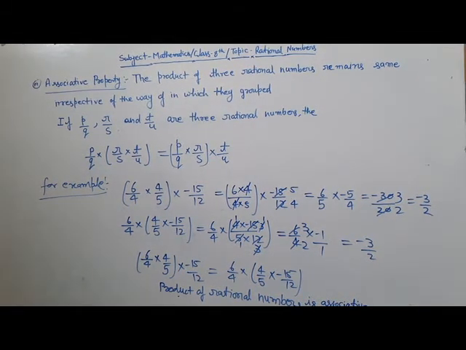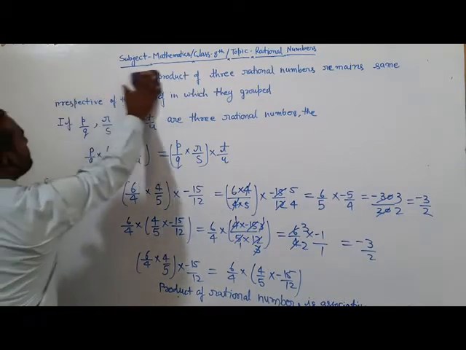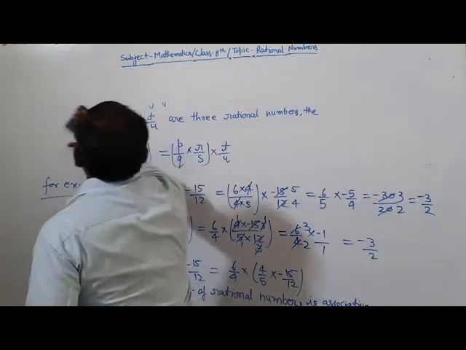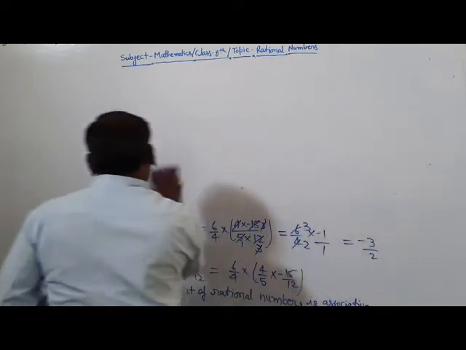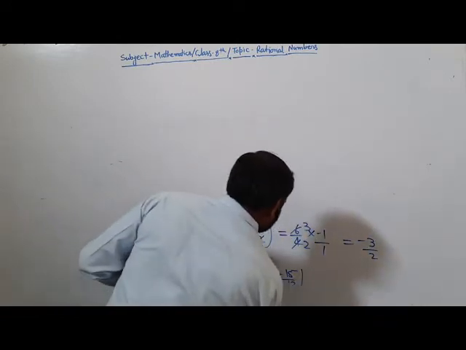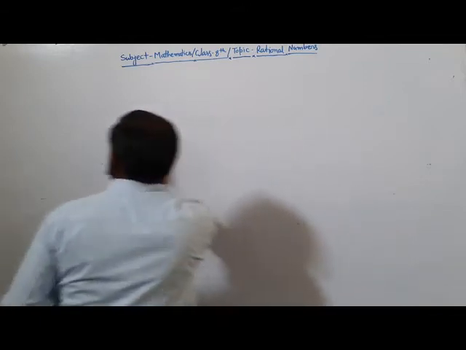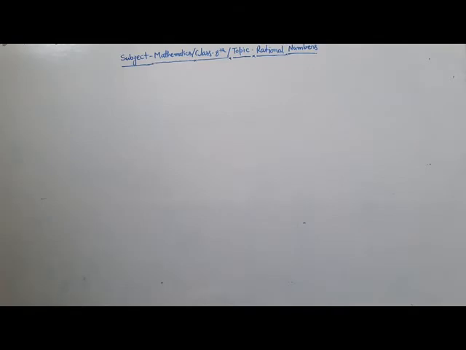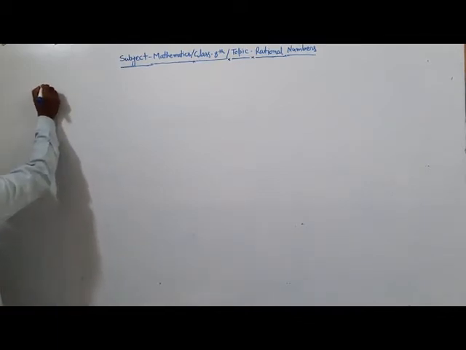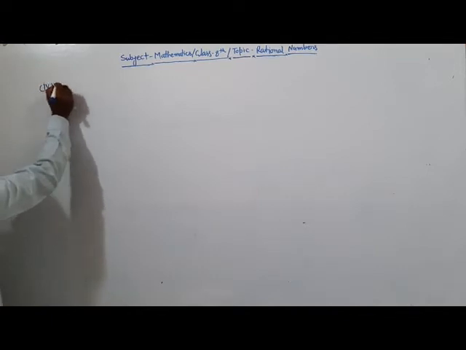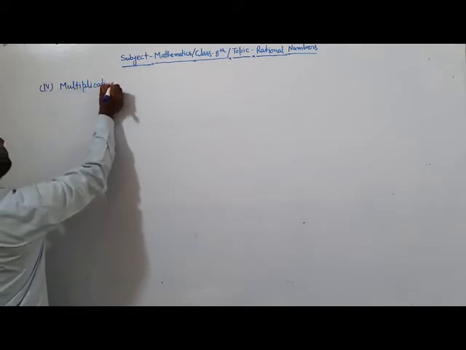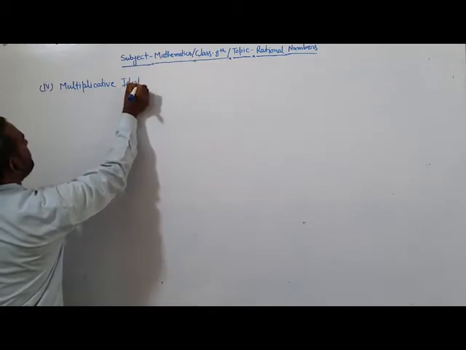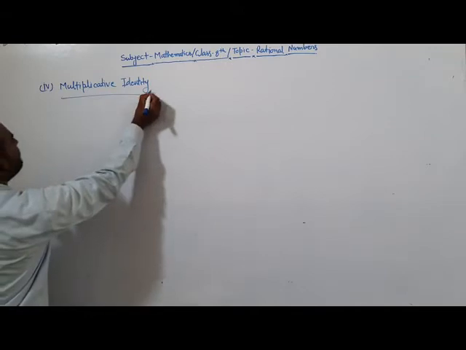So the next property is multiplicative identity.